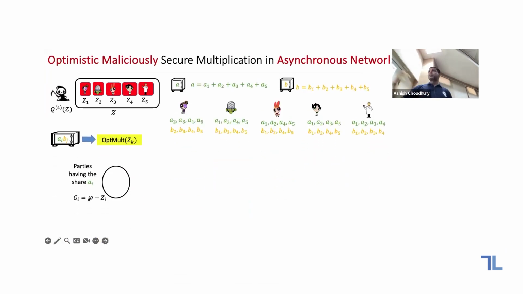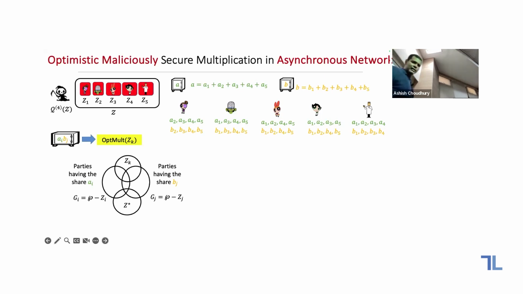And if we want to run the kth instance of optimistic multiplication, the idea is that even if you throw away the kth subset from the adversary structure, and if you take the actual set of bad parties, which is Z star, which is also a part of the adversary structure, and take away that subset as well, the leftover part is still non-empty. Because now we are throwing away four candidate subsets from the adversary structure. You have already thrown away the ith subset and the jth subset.